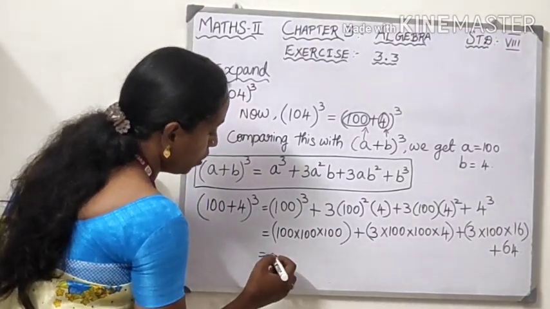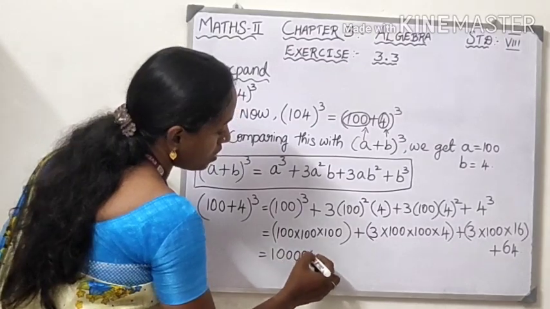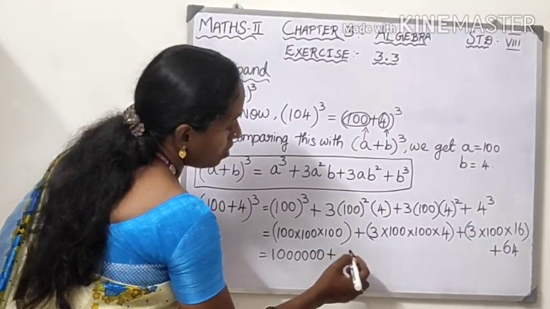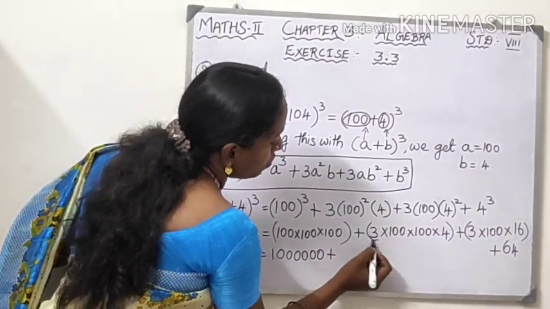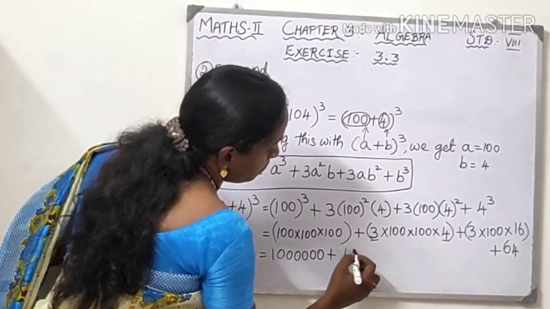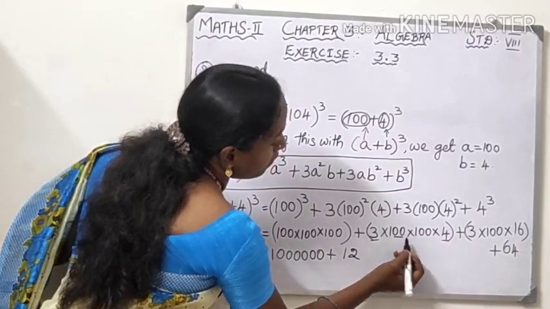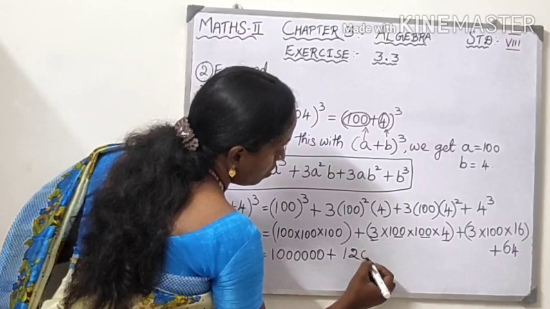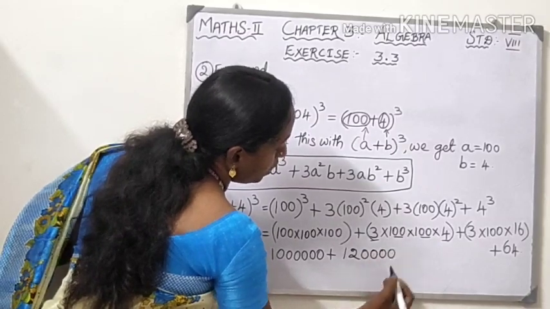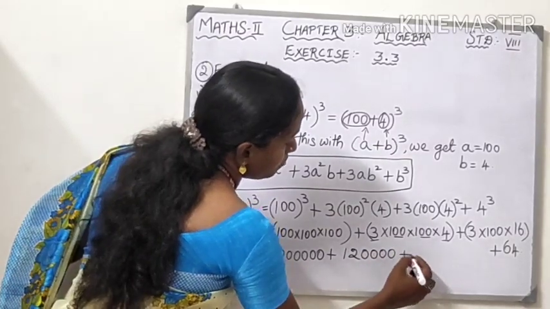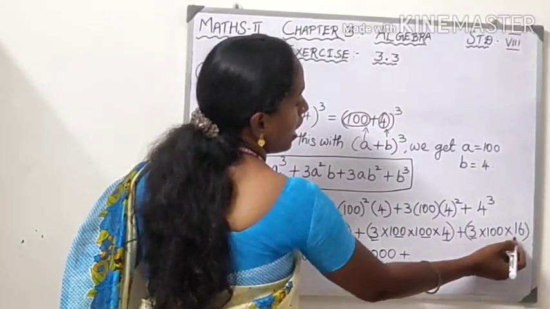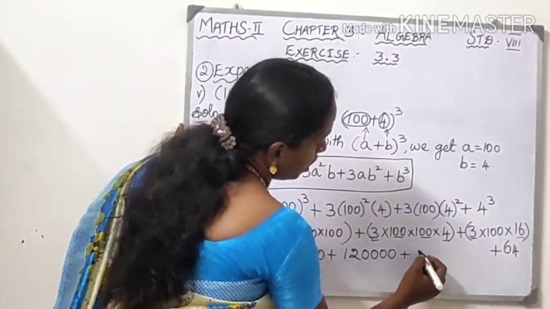Now, 100 into 100 into 100, what is our value? 1 should be followed by 6 zeros. Plus, first multiply the numbers alone. 3 4s are 12. How many zeros do we have here? 2 zeros. So, 12 should be followed by 2 zeros. Plus, multiply this 3 and 16. 3 16s you will get 48.